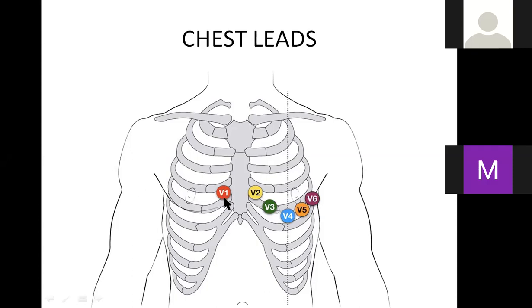And just as a mention, the R wave takes off from V1 to V6. That means that the R wave will be very small in V1 in normal ECG, and it will increase in amplitude from V1 to V6 normally.